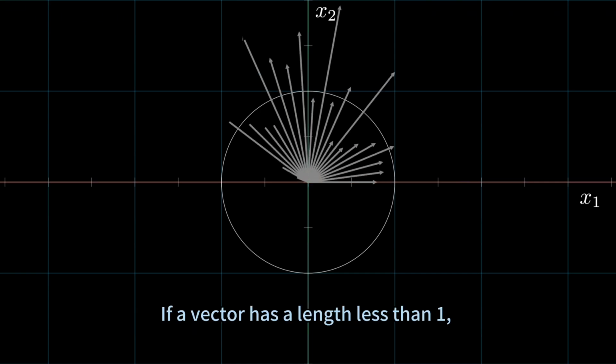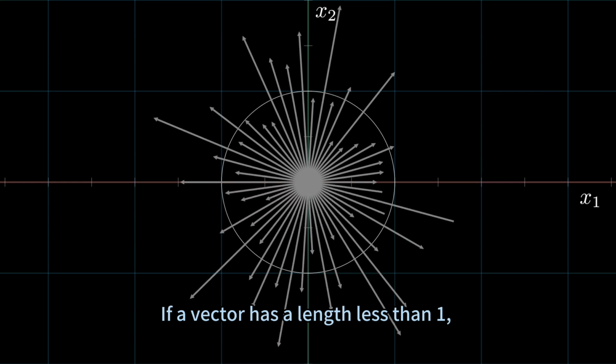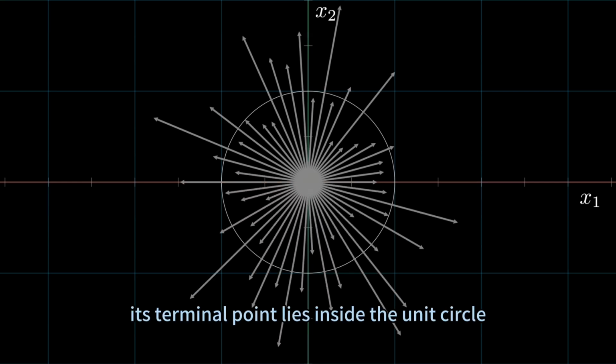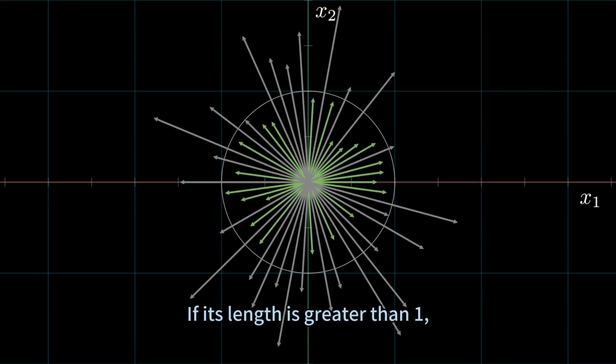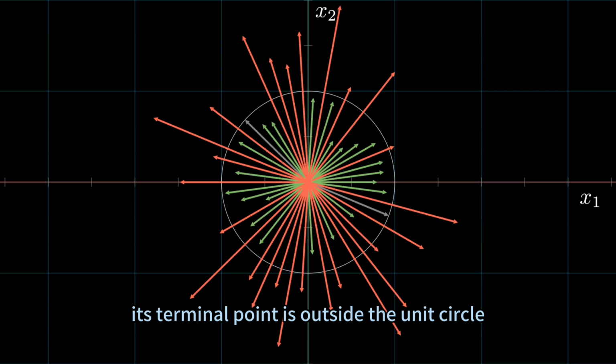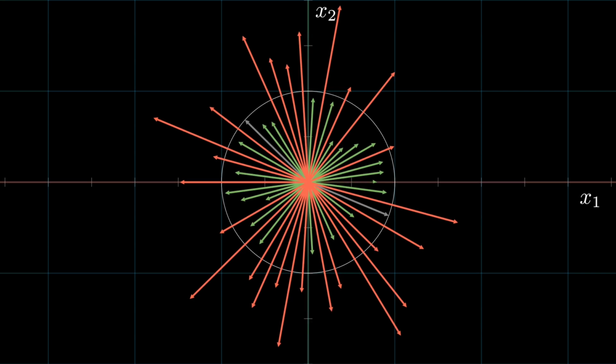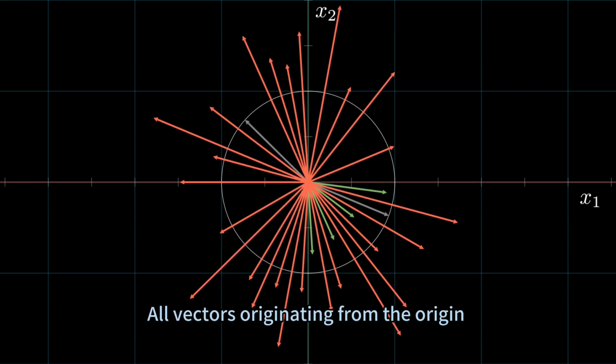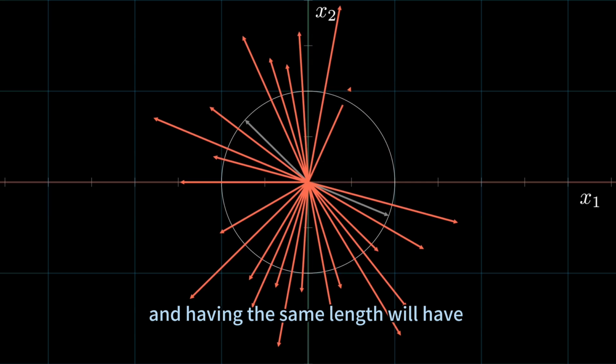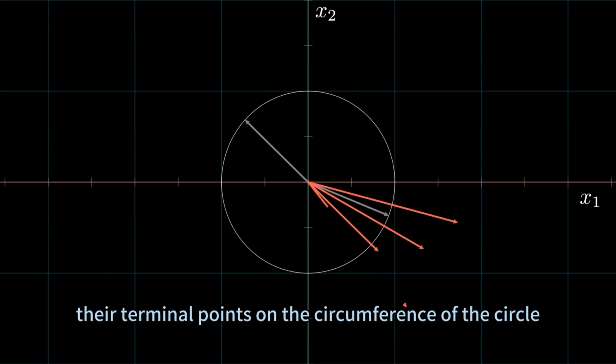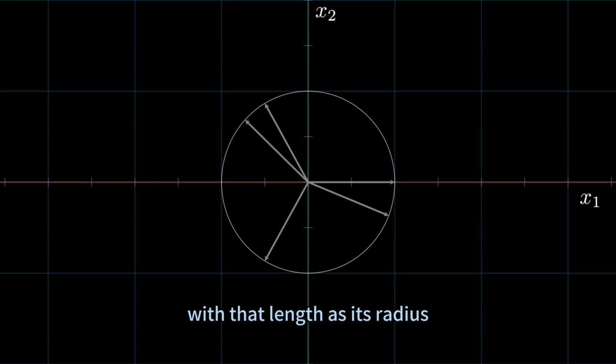If a vector has a length less than 1, its terminal point lies inside the unit circle. If its length is greater than 1, its terminal point is outside the unit circle. All vectors originating from the origin and having the same length will have their terminal points on the circumference of the circle with that length as its radius.